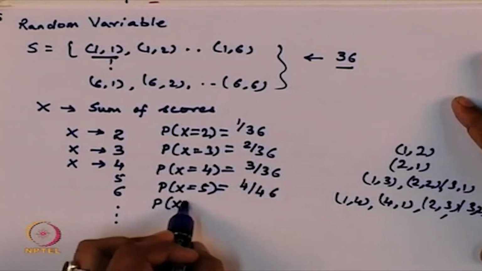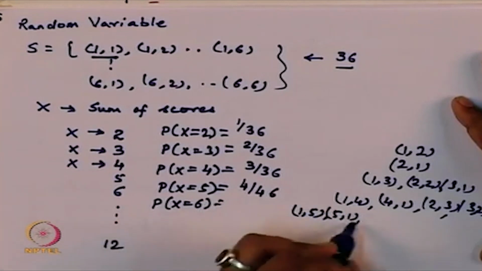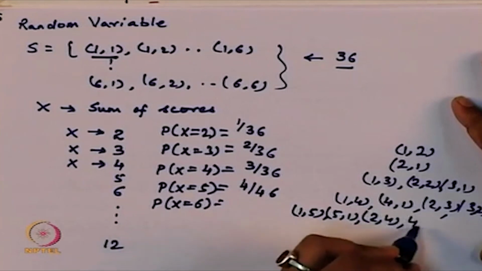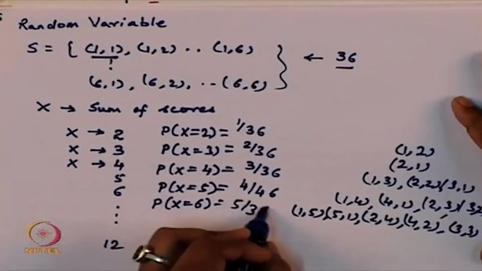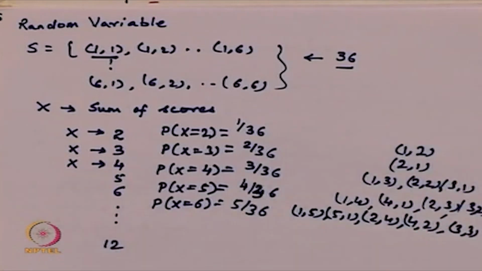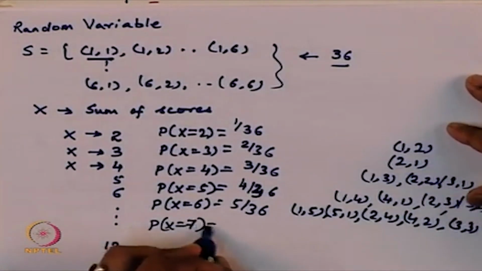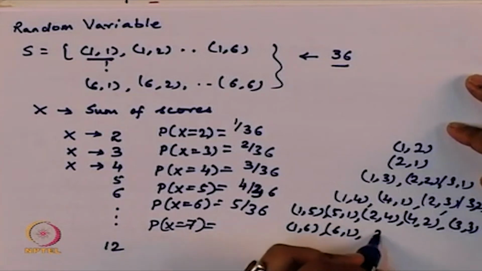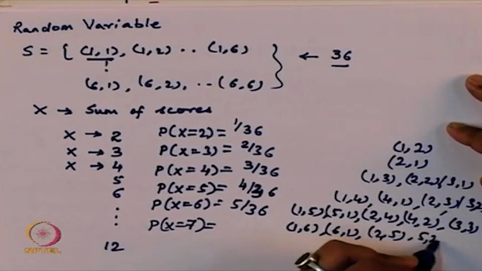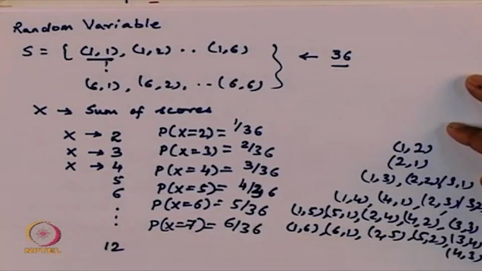Okay. Probability of x equal to 6 is 5 by 36. Probability of x equal to 7: I have 1 6, 6 1, 2 5, 5 2, 3 4, 4 3. Okay. I have 6 by 36.